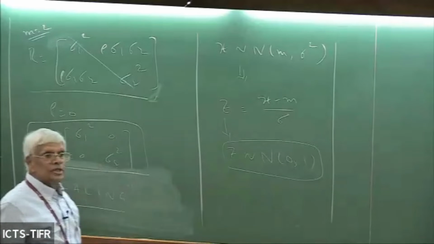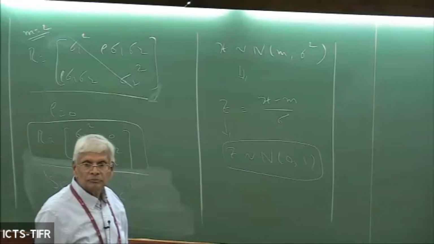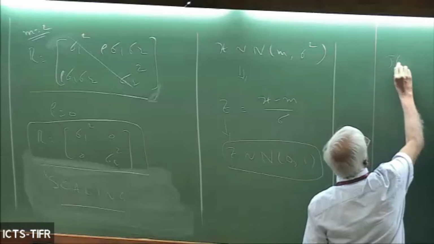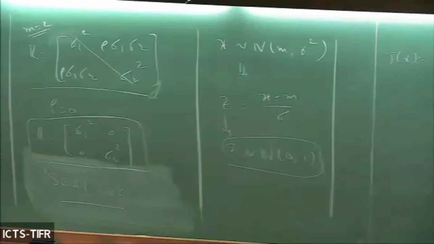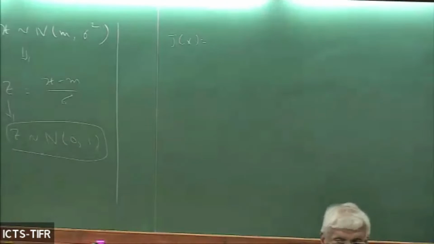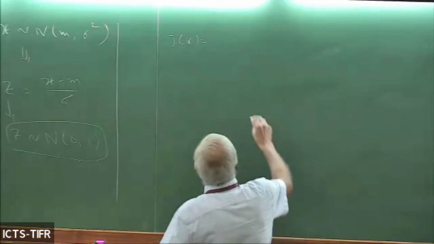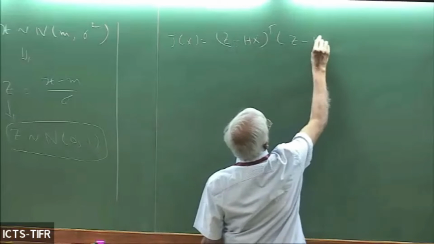How am I going to do the z-score for the problem that we have? The way we are going to do it is as follows. You remember my J function, J of x? I don't want to repeat everything. What is J of x? J of x is the sum of squared errors. Here it has to be a weighted sum of squared errors. Why do I need to weight? Because of scaling. So J of x was the sum of squared errors. Here it is going to be the weighted sum of squared errors. Yesterday I had z minus h of x transpose, z minus h of x.